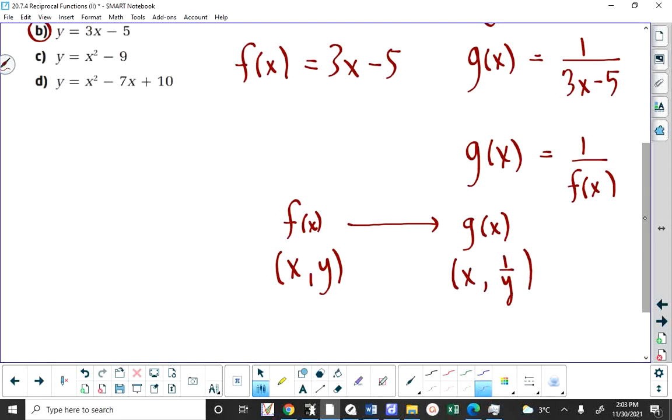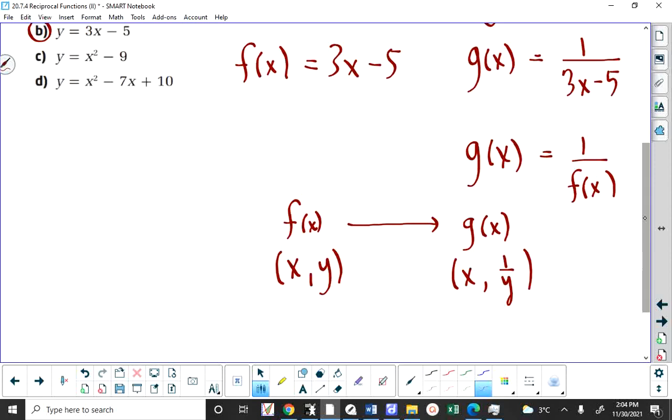It's all about y coordinates. We did that through illustration with an example. But the bottom line is if you know the coordinates of a point on the original function, you can determine the coordinates of the point on the reciprocal function by just taking the reciprocal of the y coordinate and replotting it.